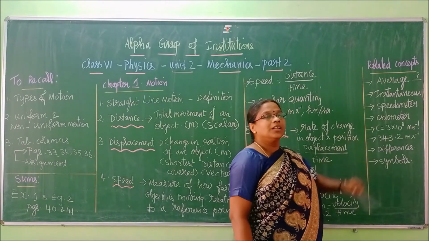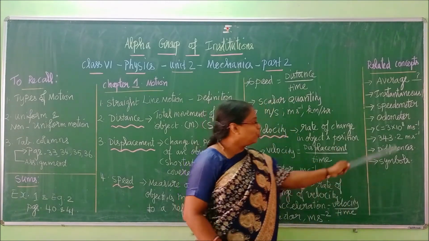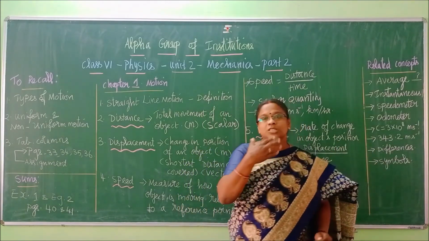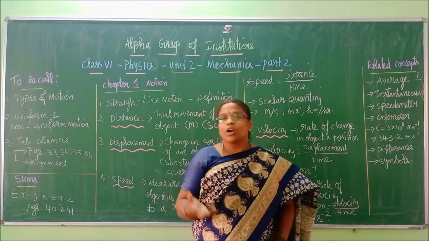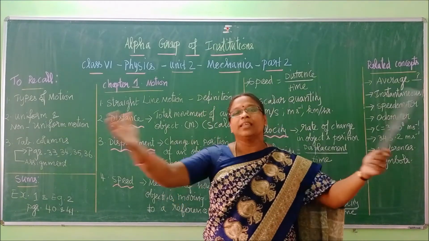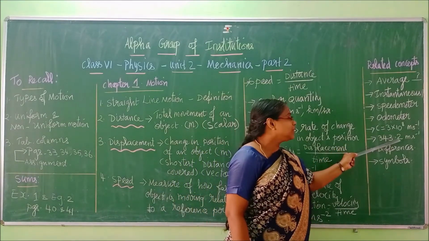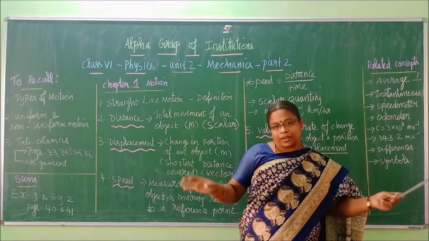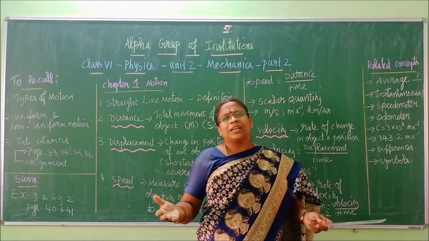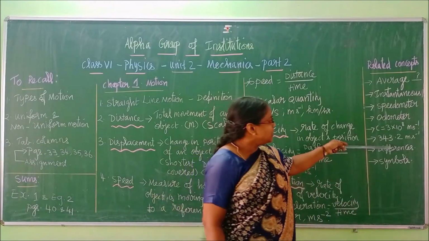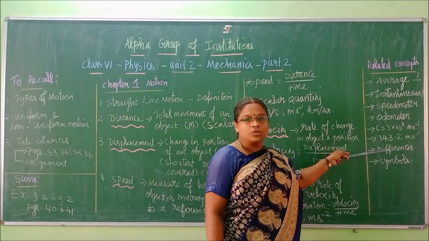Then we have another number, 343.2 meter per second. This is the speed of sound. Now I am talking, and this sound is traveling in the air. In one second, it will travel 343 meters in dry air. Depending on temperature, it will change. These numbers alone you can mark in your book, children.